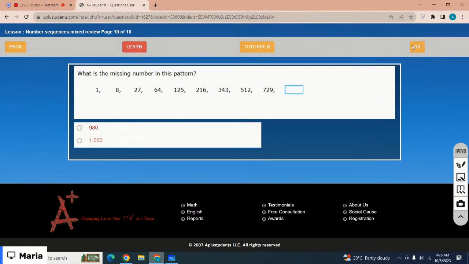What is the missing number in the pattern? The numbers are the cubes of the numbers, isn't it? Yes, all the numbers are the cubes of 1, 2, 3, 4, 5, 6, 7, 8, and 9. So the next number would be the cube of 10.